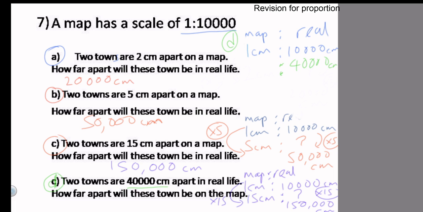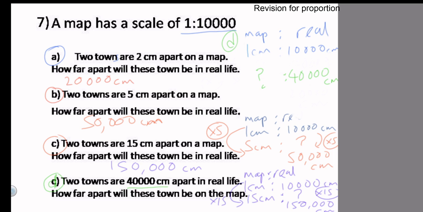And I want to know what that is on the map. So you're thinking now, right, let me just create a bit more space. Hold on. The 40,000 here. So I need to know what it will be on the map.